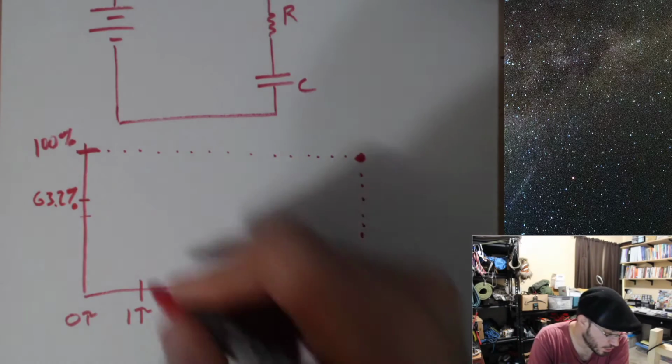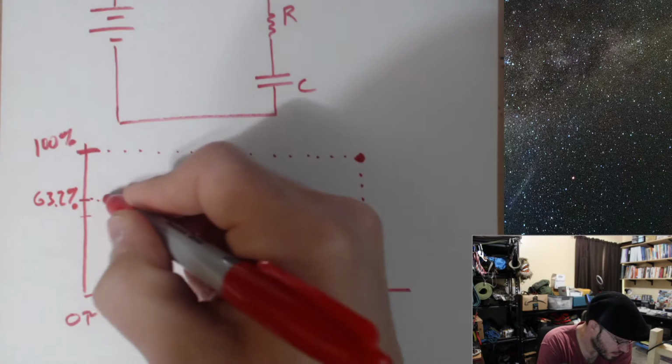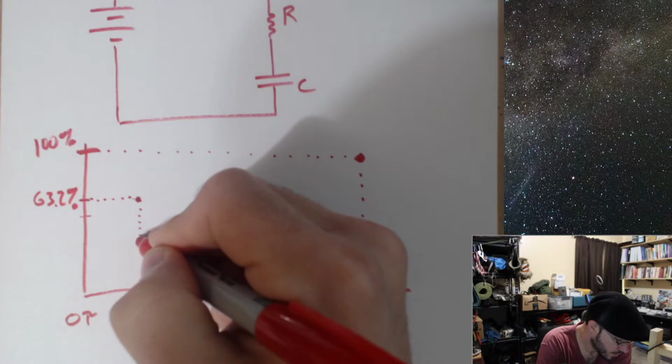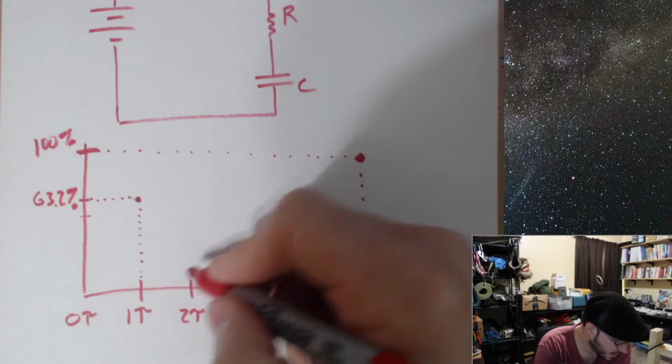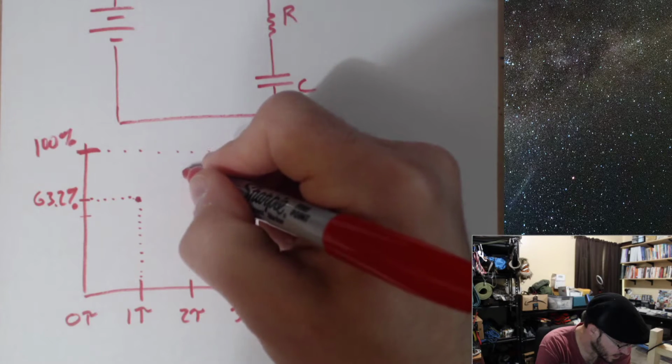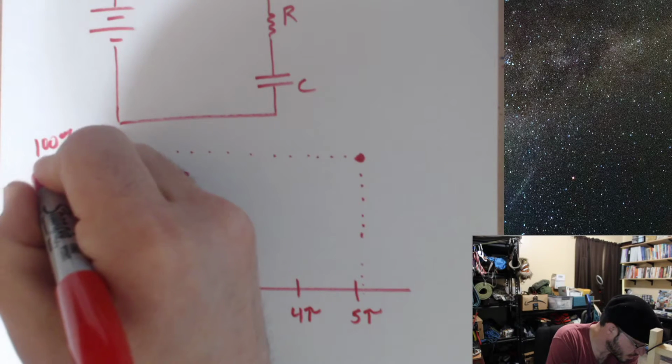Now, our 63% happens at the first time constant. At the second time constant, we reach 86.5%.